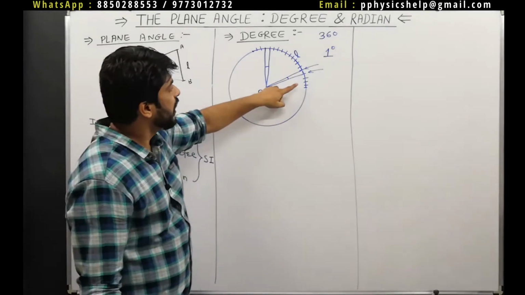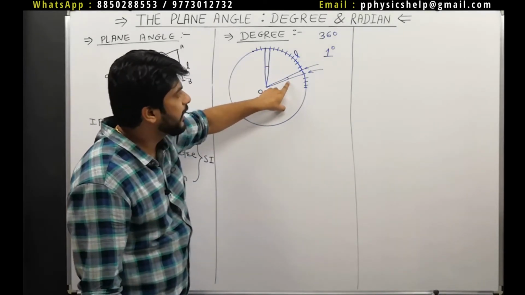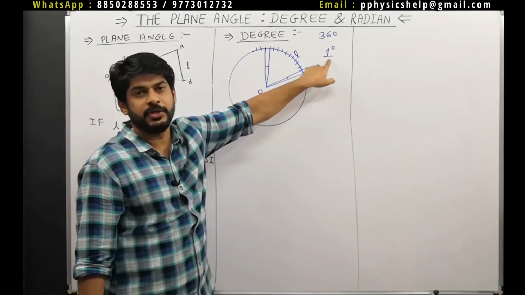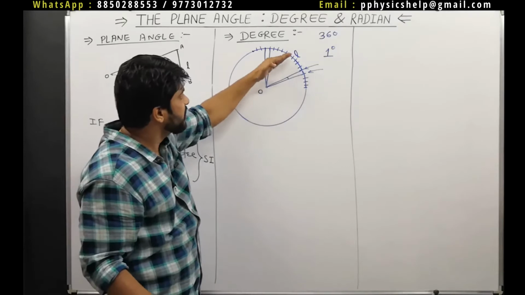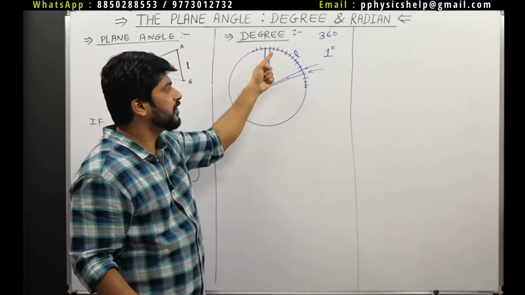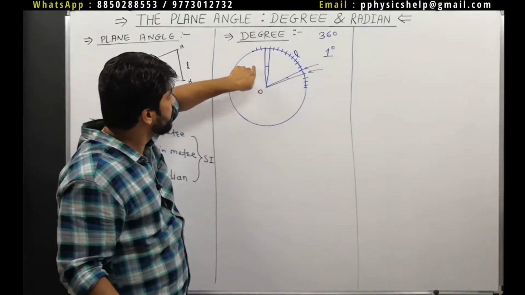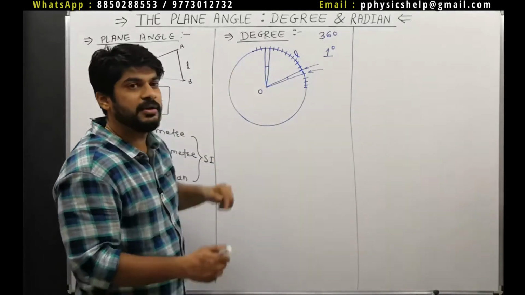Now since we have said here that each small section is subtending an angle of 1 degree, at least this is how we have defined it, that means there are 360 exact parts. Each part is subtending 1 degree. So how much is going to be the total angle subtended by this circle?